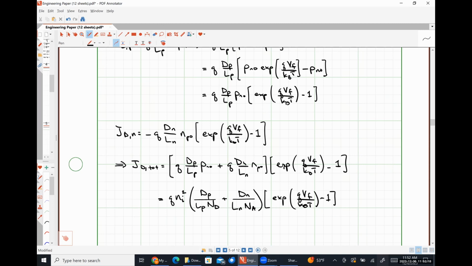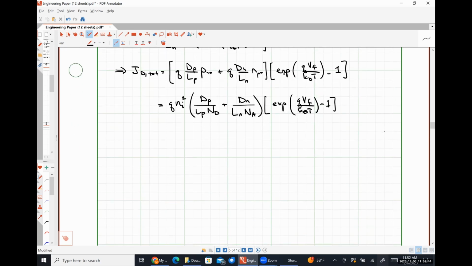The electron diffusion term occurs on the P side of the crystal with the dopant concentration NA. It seems counterintuitive, but those subscripts on our dopant concentrations are absolutely correct. Okay.